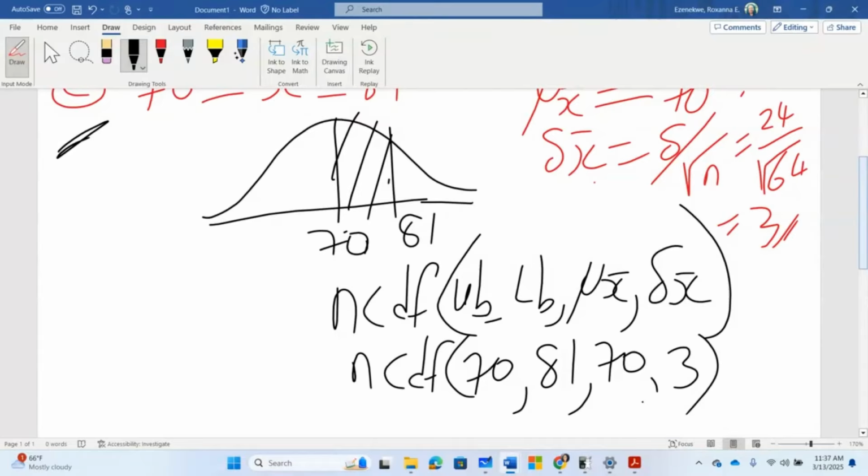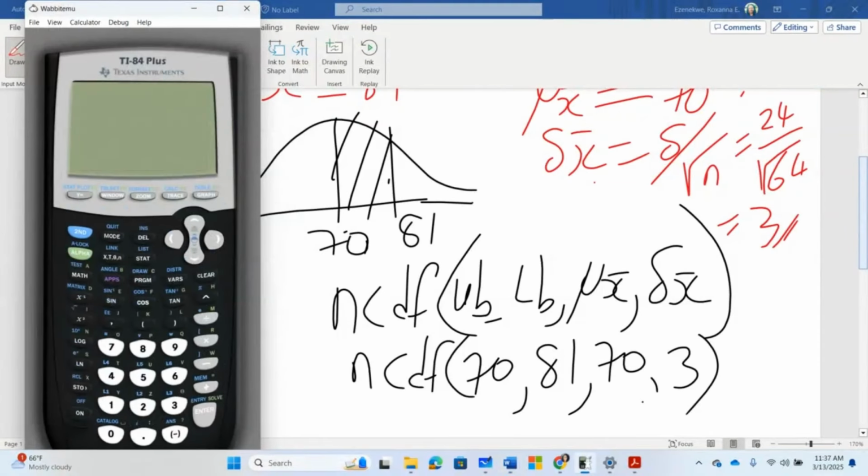So I pull my calculator up and I will calculate. What's the lower bound? That is 70. What is the upper bound? Upper bound is 81. What is the mean? The mean is 70.